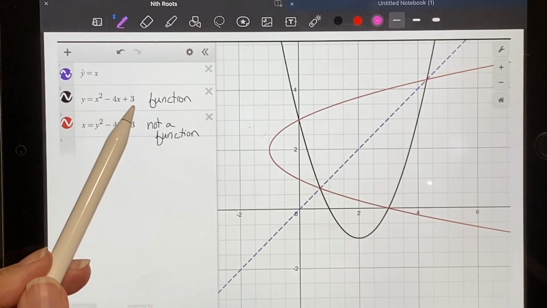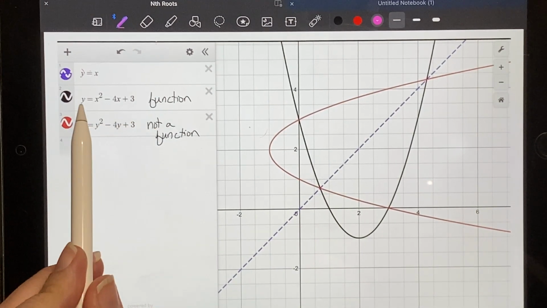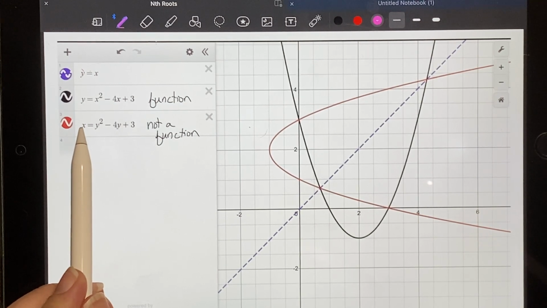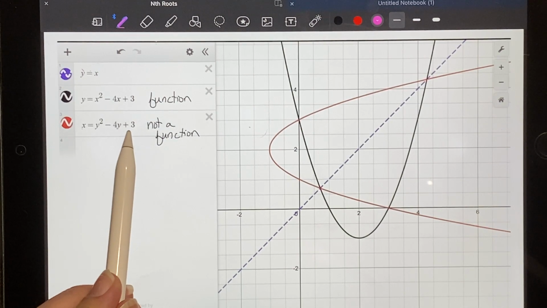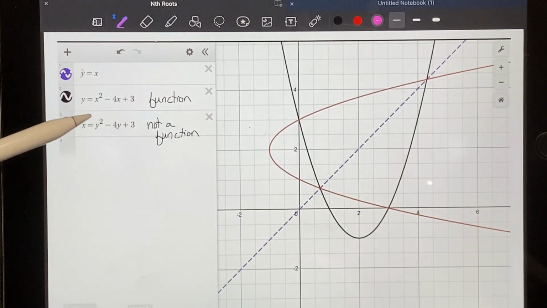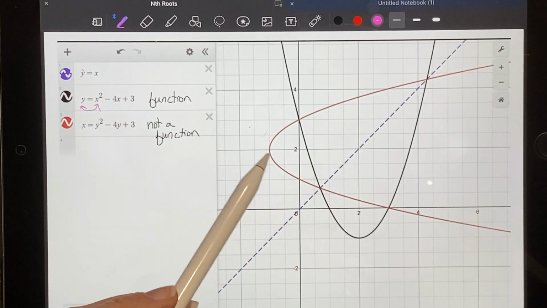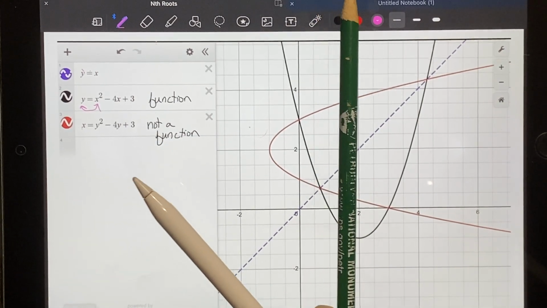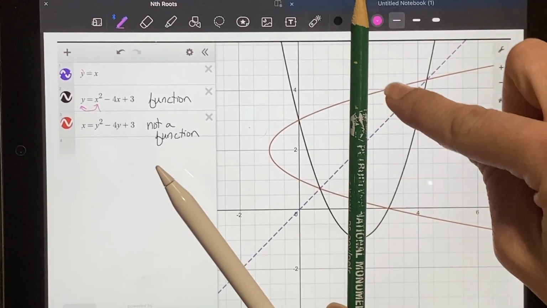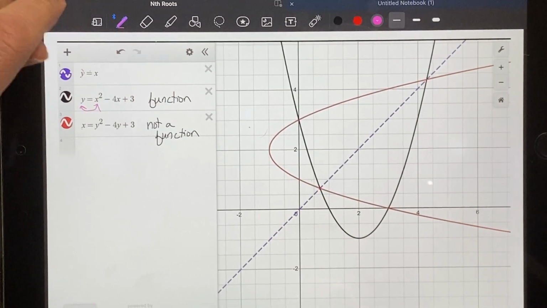And so when we do the inverse, where we've simply swapped it, now we've got x equals y squared minus 4y plus 3. So we're swapping out our x and our y values. That has graphed as this red parabola, which is not a function, because if I use my vertical line test, it's hitting in 2 places each time.